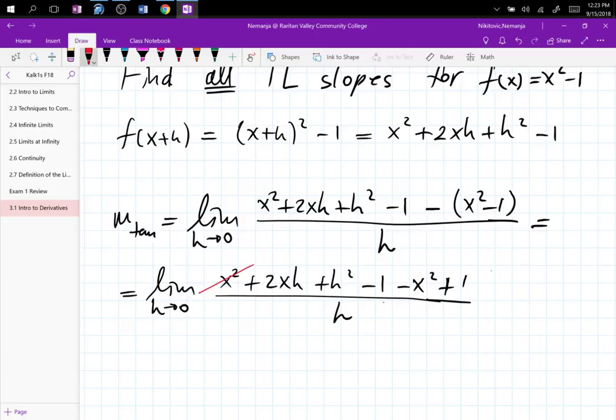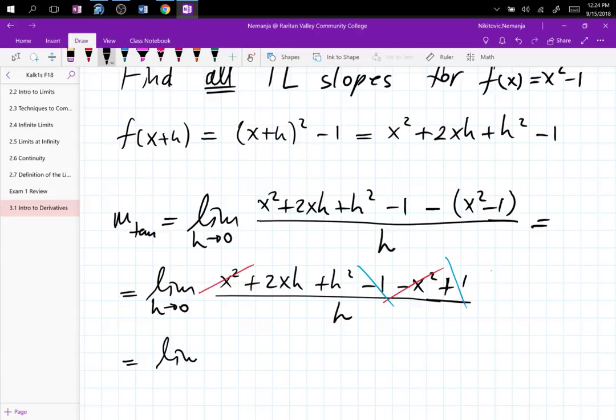x squared and negative x squared die. Negative 1 and positive 1 die. The only terms that remain after cancellation, and this goes for every problem, the only terms that remain have h, which you can factor and then kill the denominator.